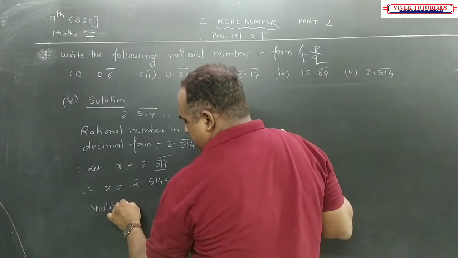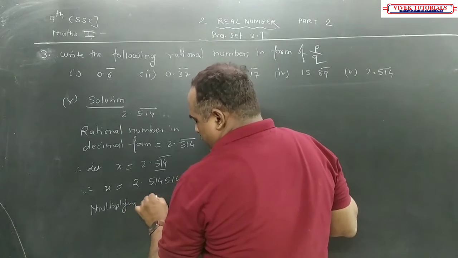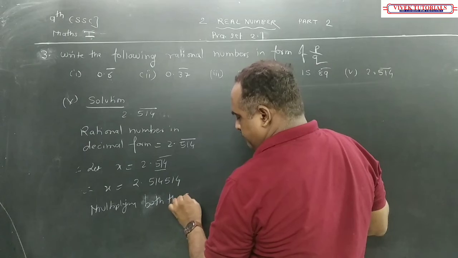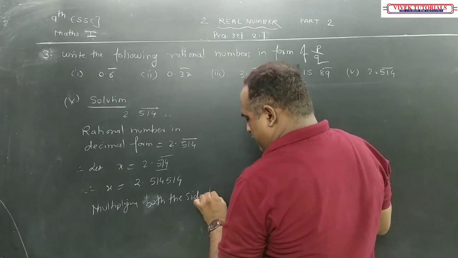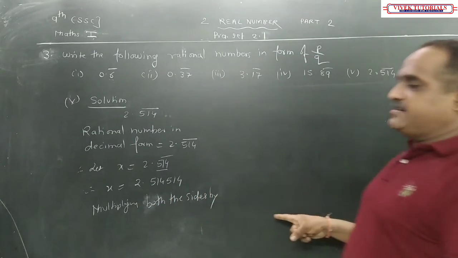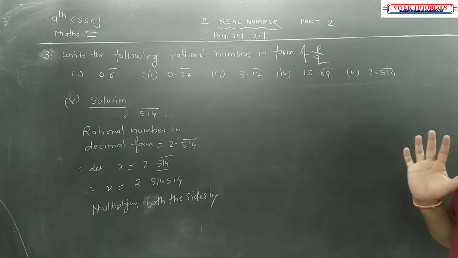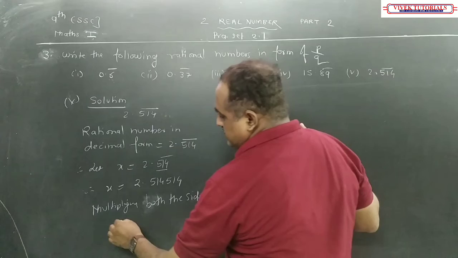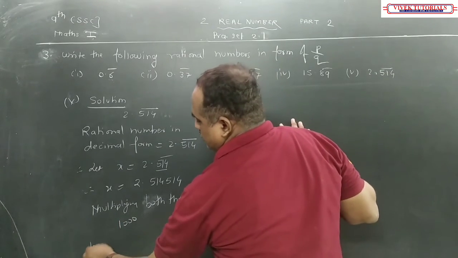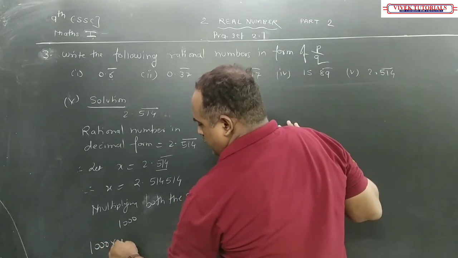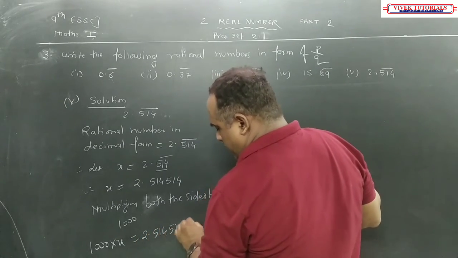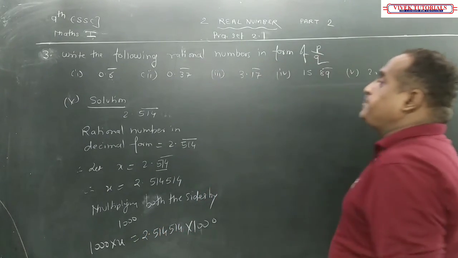multiplying both the sides by, again I will suggest you pause the video, do your own sum, and then you check it. Multiplying both the sides by 1000. So 1000 into x, 2 and 514514 into 1000.